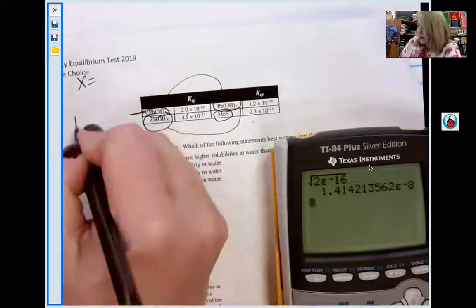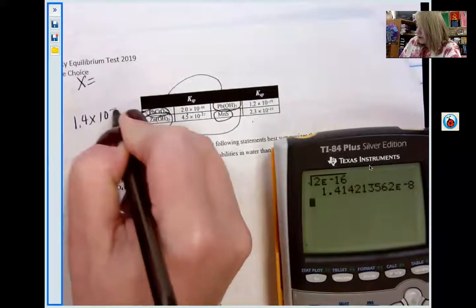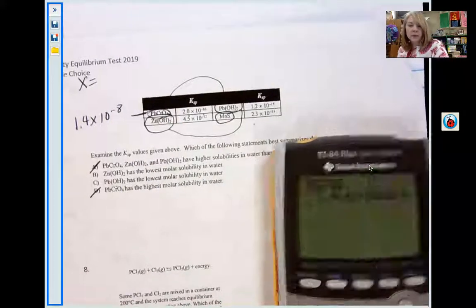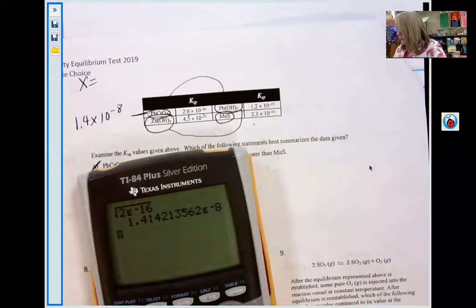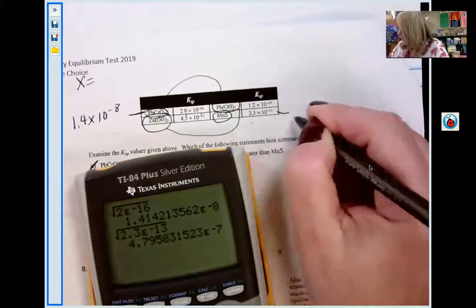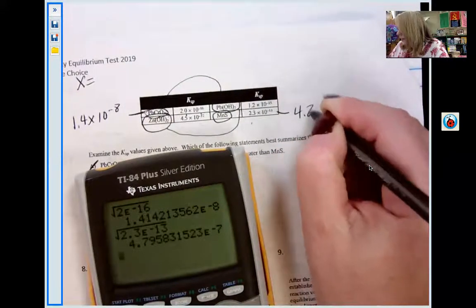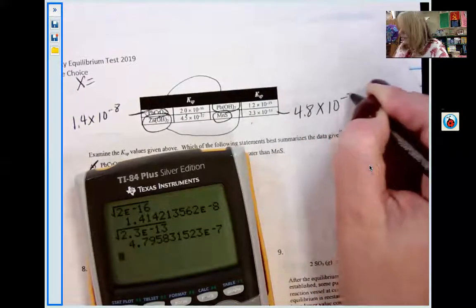I'm just going to write that out right here. That's its solubility, lead chromate. All right, I'm going to do the manganese sulfide because that one's easy too. So take the square root of that one, 2.3 times 10 to the negative 13. And that one happens to be 4.8 times 10 to the negative 7.